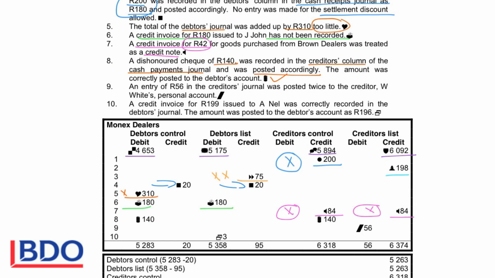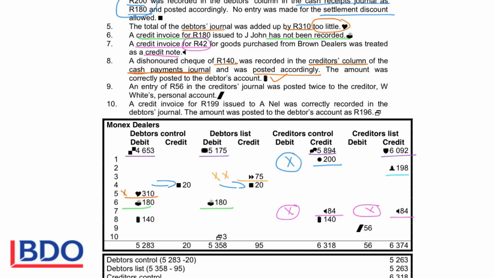That is a check that we received from a debtor, originally recorded in the cash receipts journal. If that check is dishonored, we have to cancel it in the cash payments journal. This check should be recorded in the debtors control column. This was incorrectly recorded in the creditors control column, so therefore it was posted to the creditors control account.